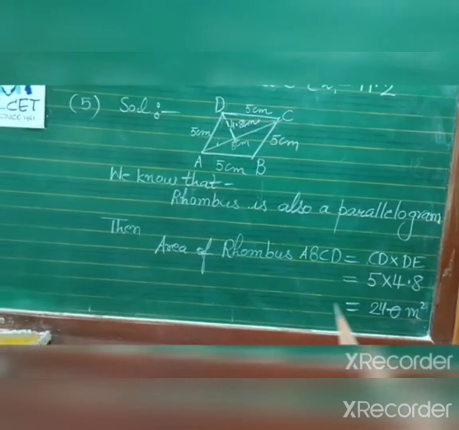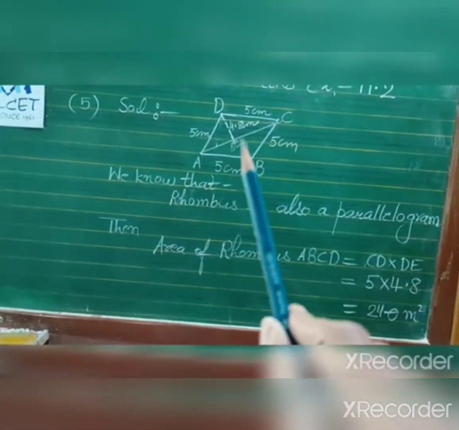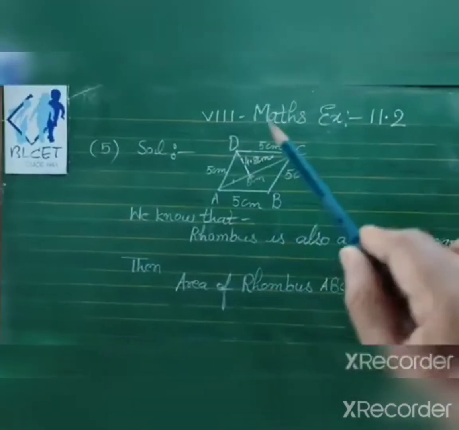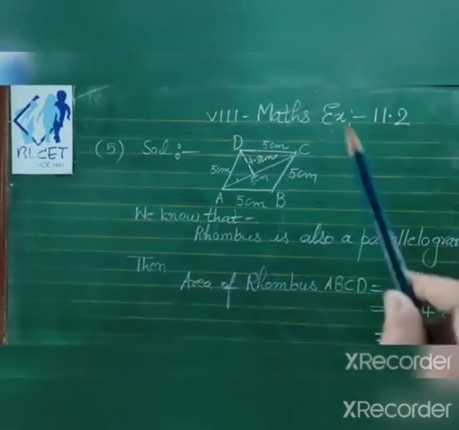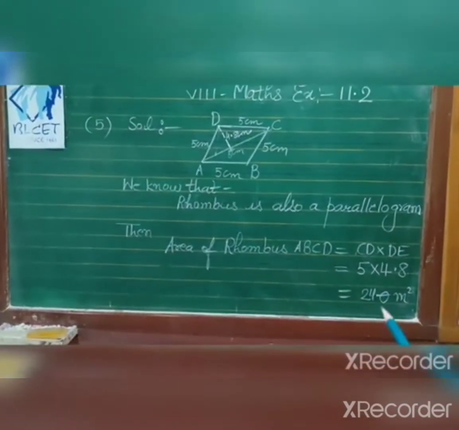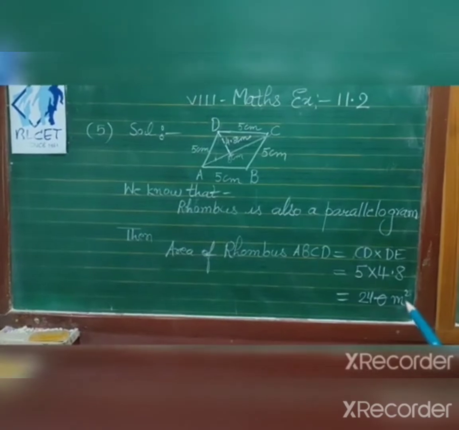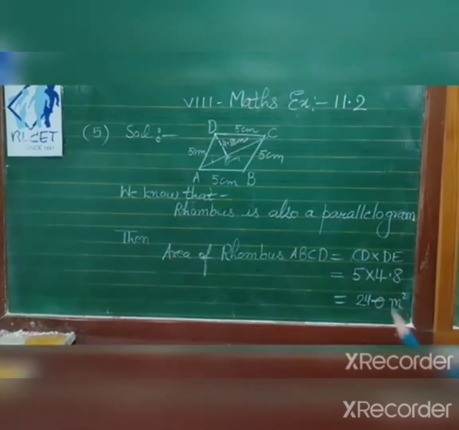So area of rhombus is equal to base into height. For base CD, all sides are equal and height is 4.8 centimeter. So when you multiply, you will get 24 centimeter square. I have written meter square here by mistake, but you will write centimeter square.